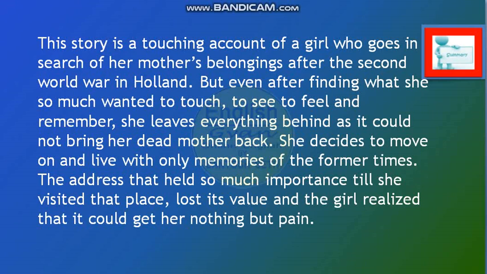The narrator decided to revisit the house of Mrs. Darling as she felt the urge to see all her mother's belongings. She wanted to touch them, feel them, and remember them. On her second visit to 46 Marconi Street, she could get entry into the house, as Mrs. Darling's 15-year-old daughter opened the door.